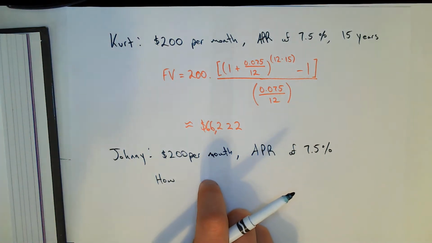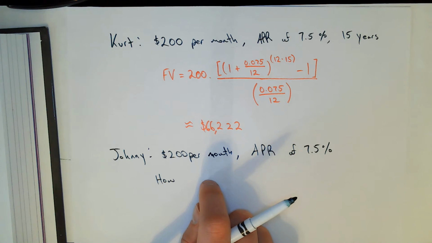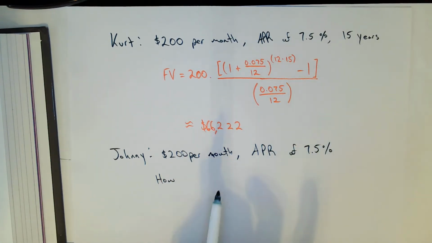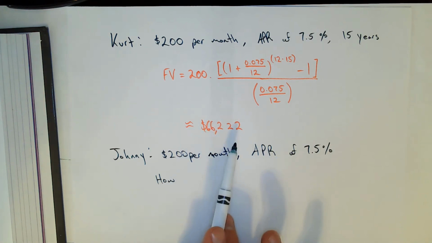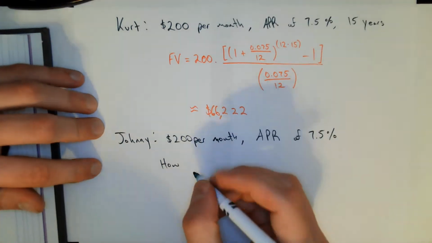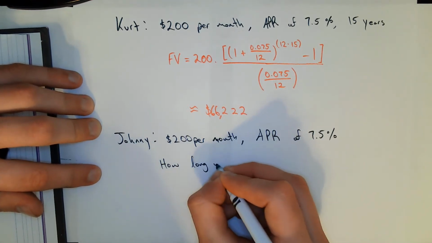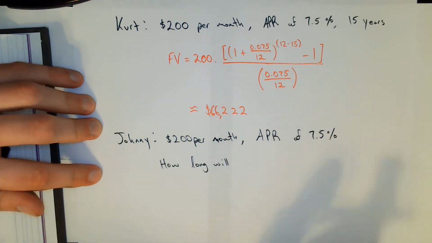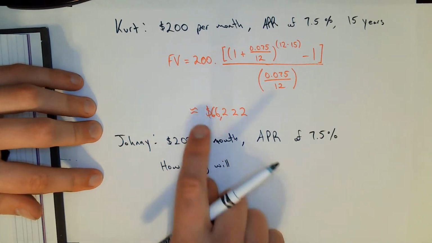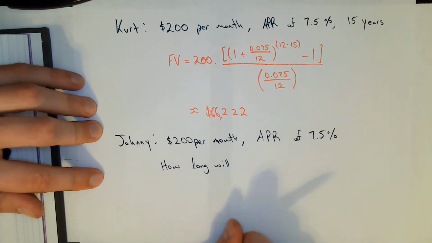And they tell us later in the paragraph that his savings account compounds monthly. So Kurt's money is going to keep compounding interest monthly. Now, the question down here is, how long? So 15 years have passed, Kurt stops investing his $200 per month and just lets the money sit there and gain interest on its own.